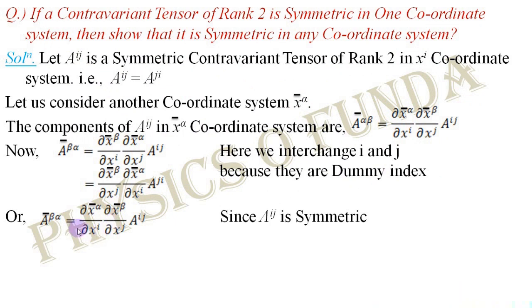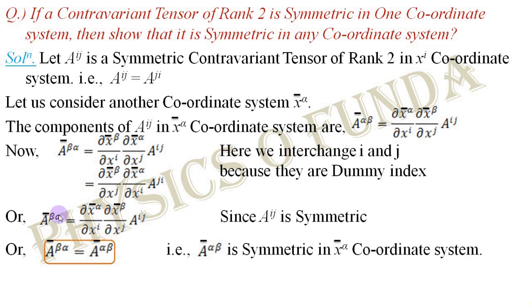Now, if we notice the right hand side carefully, then what do we see? We see that the right hand side is nothing but A bar alpha beta. So the right hand side is nothing but A bar alpha beta, and in the left hand side we get A bar beta alpha. So we can write A bar beta alpha is equal to A bar alpha beta.